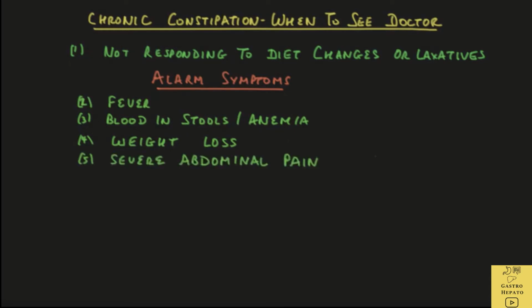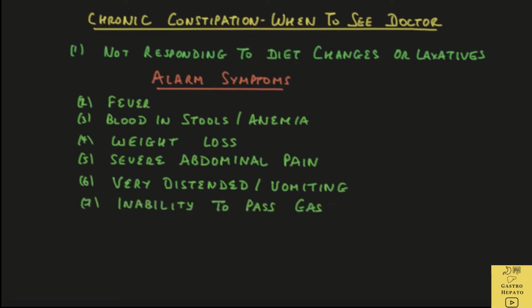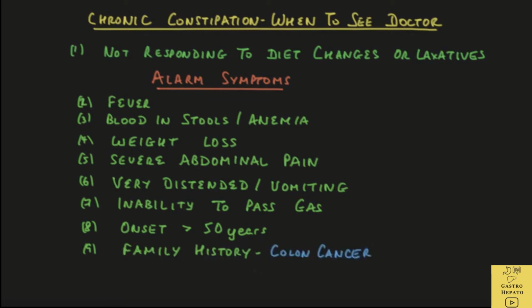If there is severe abdominal pain, if there are symptoms of blockage of the intestine where the abdomen gets very distended or there is vomiting, if there is inability to pass gas, if the onset of constipation in someone above the age of 50 years. And finally, if there is a family history of colon cancer or inflammatory bowel disease.